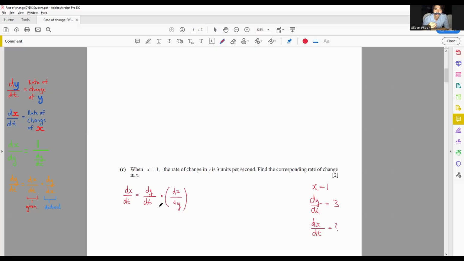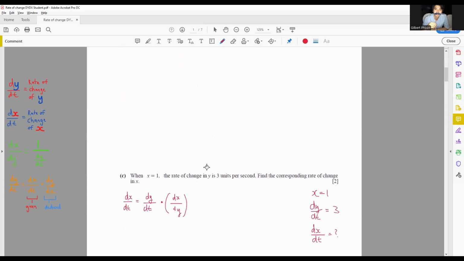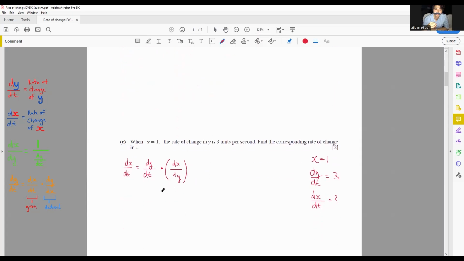Then now we're going to have to find dy/dx first. So dy/dx is already what we have up here. Then what we're going to do is make it very clear for the examiner.